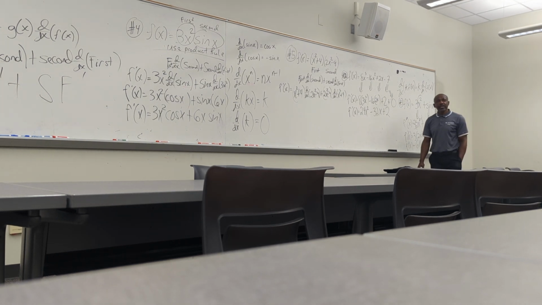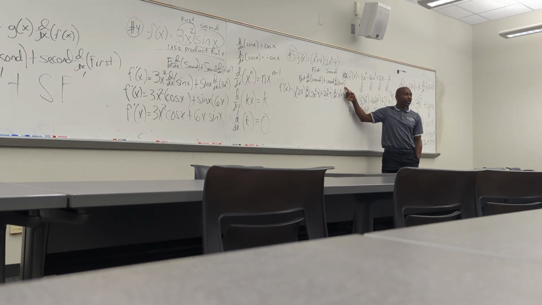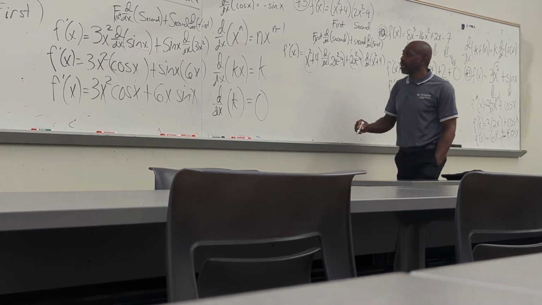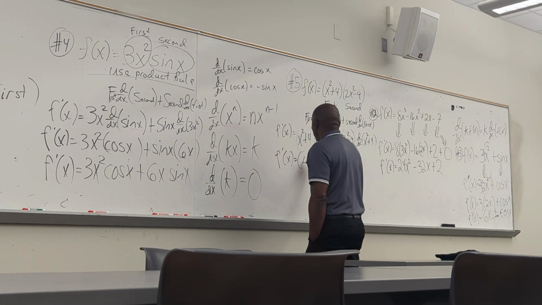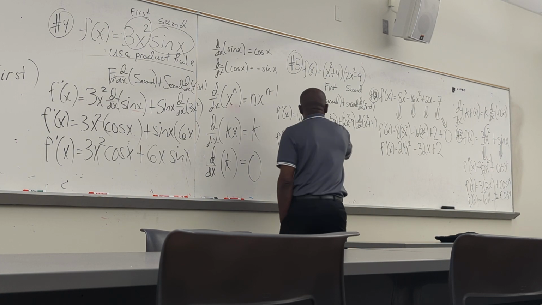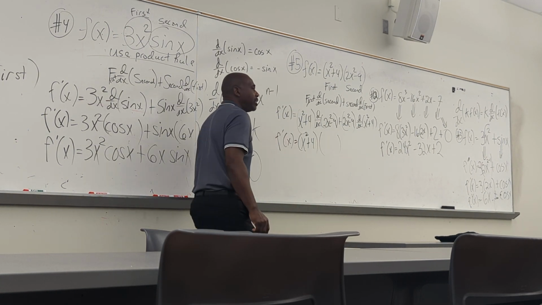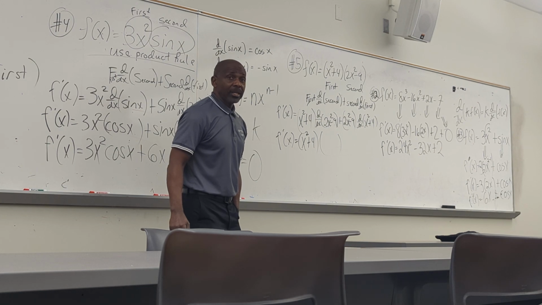It's the first times the derivative of the second, plus the second times the derivative of the what? First. So therefore, we get f prime of x is x squared plus 4 times the derivative of 2x squared minus 9.